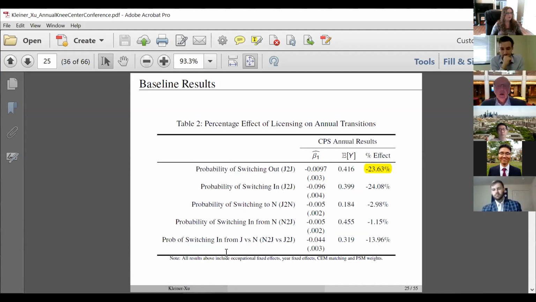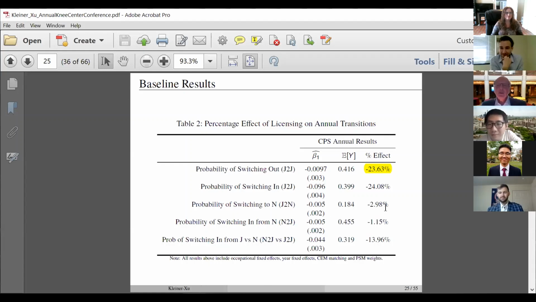In terms of moving out, we call this our Hotel California effect. For those of you who know old style rock music, that's one of the Eagles' stories of Hotel California. Once you come to a licensed occupation, you rarely leave.